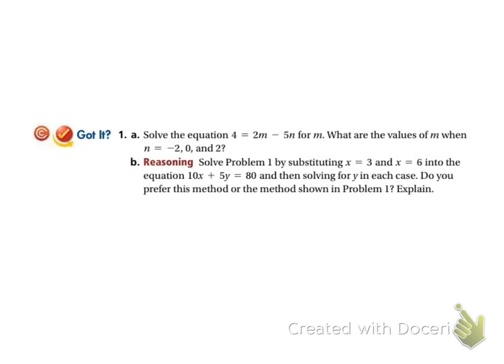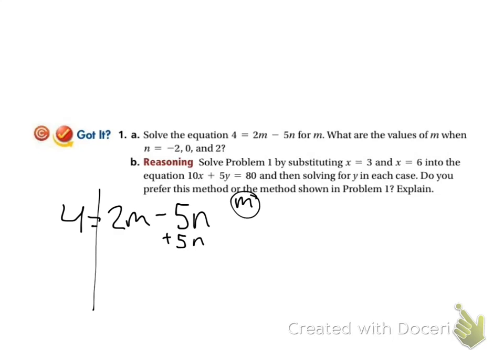Okay, let's try our got it problem. 4 is equal to 2m minus 5n. Okay, they want me to solve this for m, so I need to try to get m alone. So I will make this my m side. The first thing I need to do is add 5n to both sides. The 4 is just a regular number, 5 has an n, so I can't combine them.